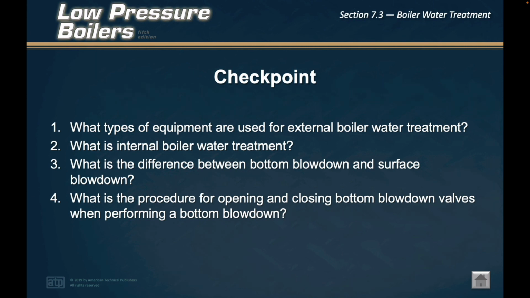Number 4, what is the procedure for opening and closing bottom blowdown valves when performing a bottom blowdown? Well, you would first open the valve. Your quick opening valve would be open first. That's the one closest to the boiler. Then you would open your slow opening valve second.